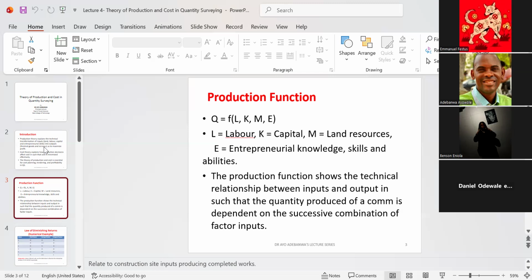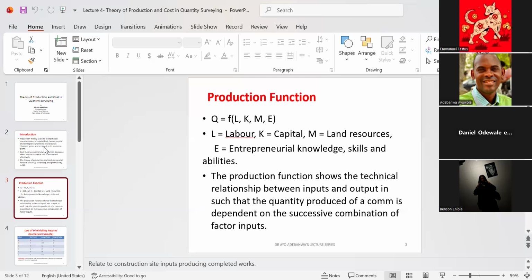Emmanuel, you are raising your hand. I can't hear what you are saying. What you are saying and this Daniel guy, whose mic is on, are clashing together. I can't hear you properly.